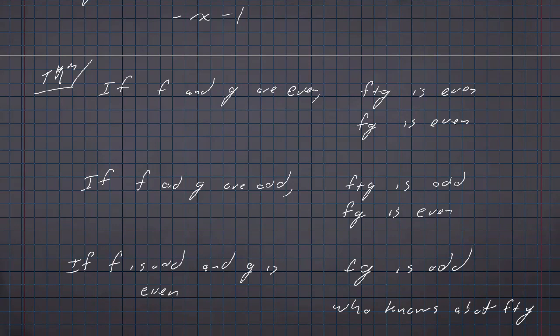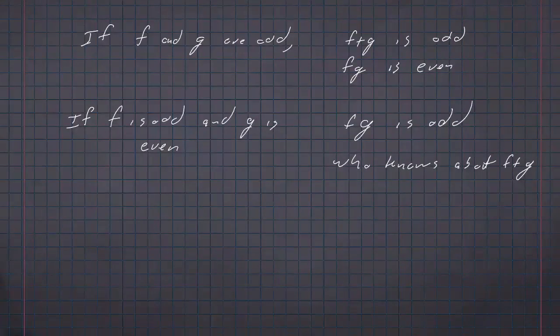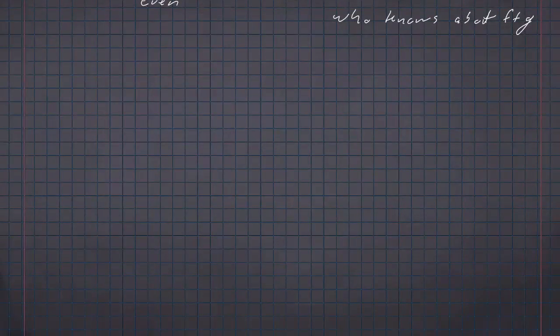The proof of this theorem is presented in the typed notes. For the sake of time, I'm going to jump ahead to the next theorem and just state it as well, but I do encourage you to take a look at those two proofs. They are fairly interesting.